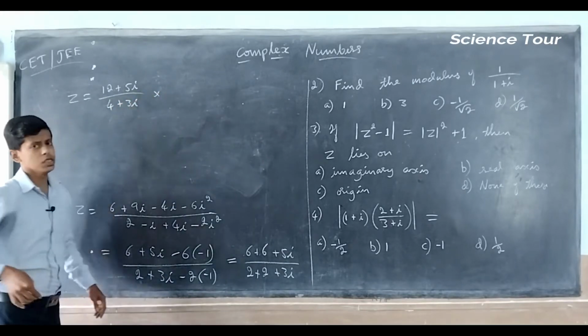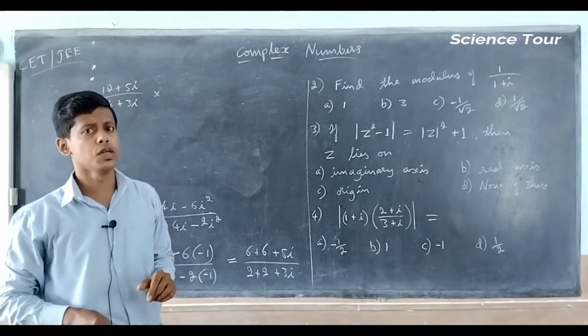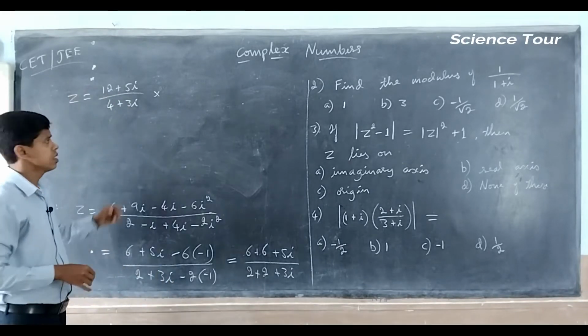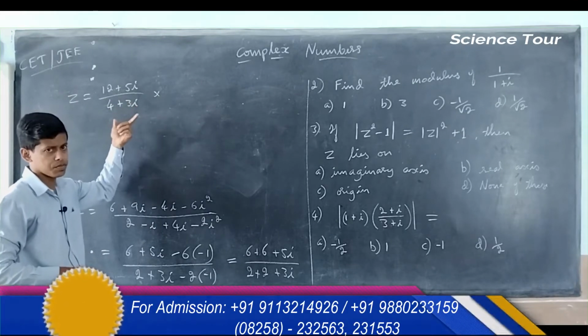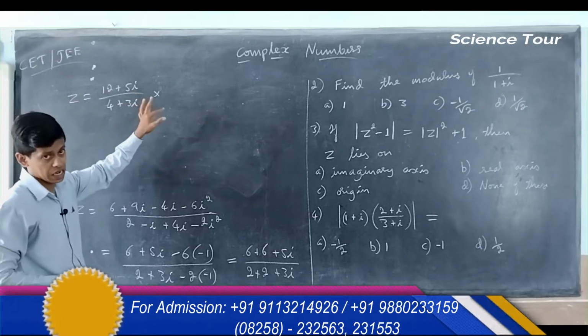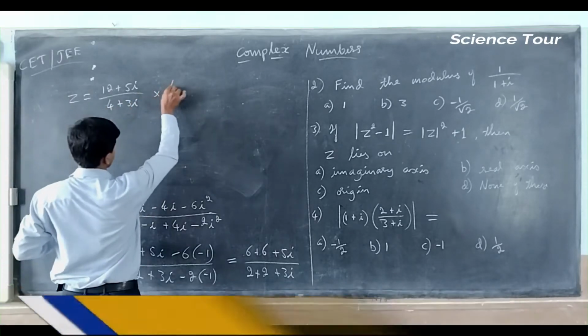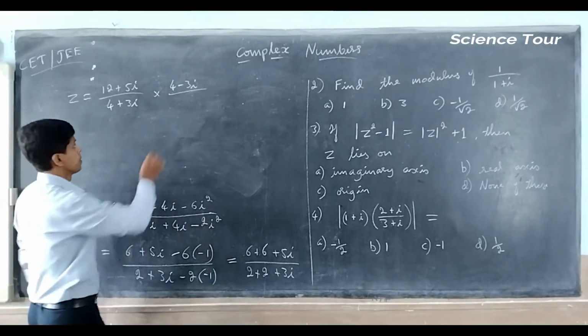Now what you need to do is you should write this in the form of a plus ib. That's what we are trying to do here, right? So if you want to write that in the form of a plus ib, you should not have imaginary in the denominator. Okay, so you should not have iota in the denominator. So rationalize, multiply and divide by the conjugate of the denominator.